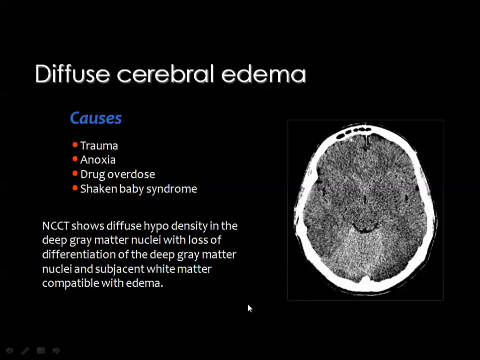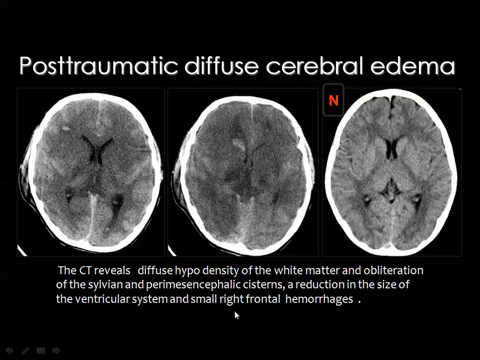Also, brain edema may result from sometimes drug overdose or anoxia before the development of true ischemia, and also in the shaken baby syndrome where the trauma is non-accidental, and it may result also in diffuse cerebral edema.